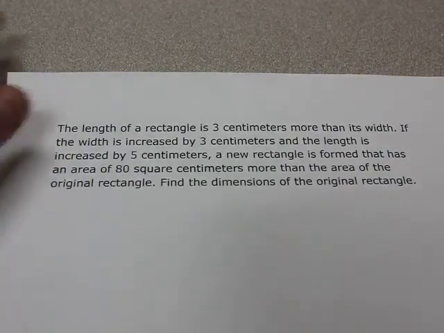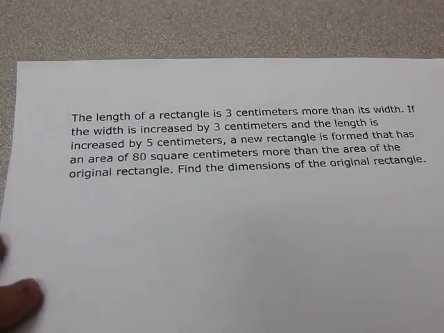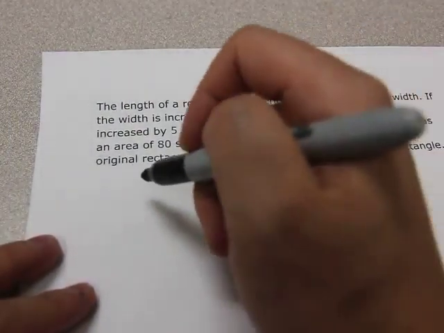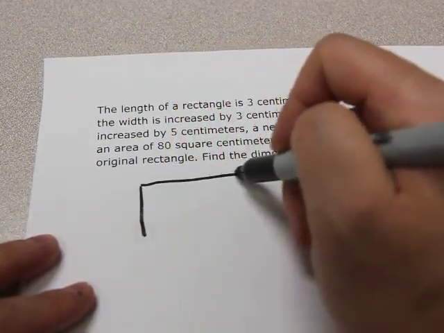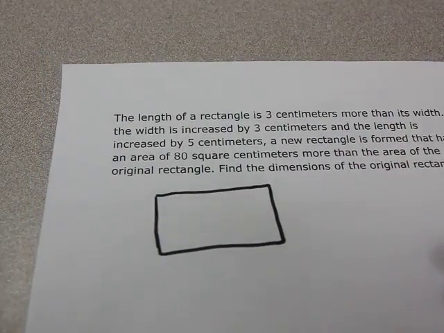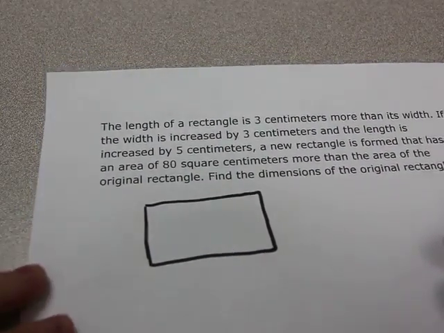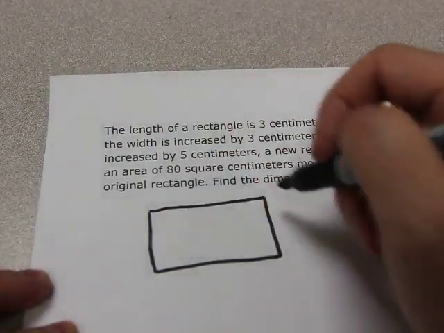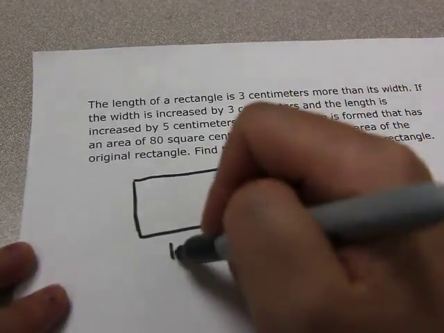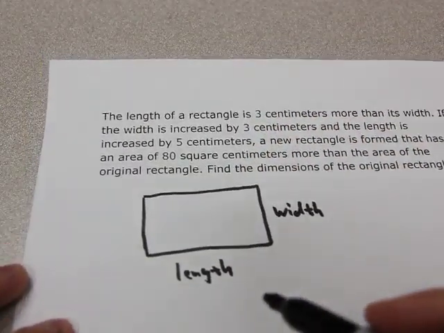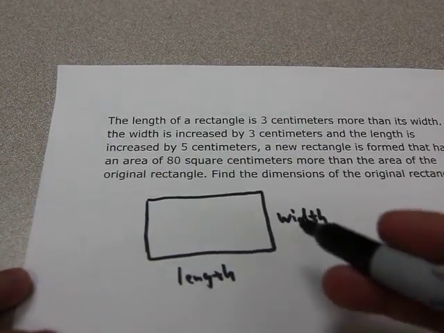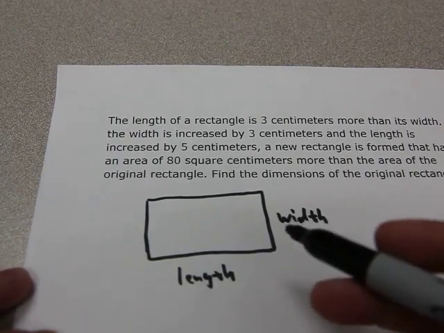So what this problem is saying is, okay, at first we have a rectangle which we don't know the dimensions. So we don't know what the width is and what the length is, and this is what we're looking for. So that means in this problem we have two unknowns.